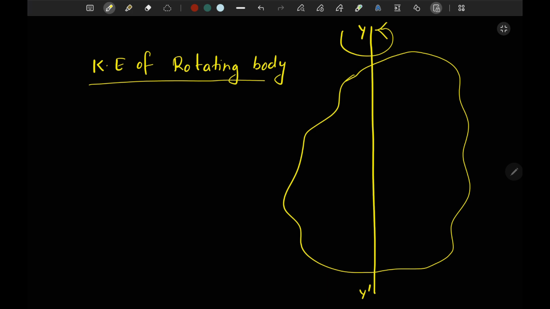We will consider the rigid body consists of n particles, each having different masses m1, m2, m3 up to mn.